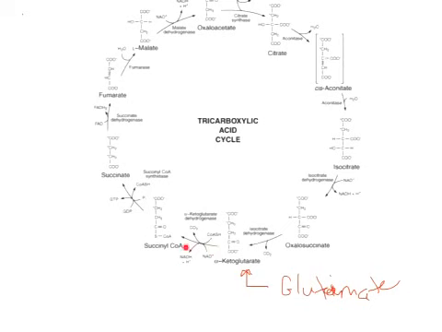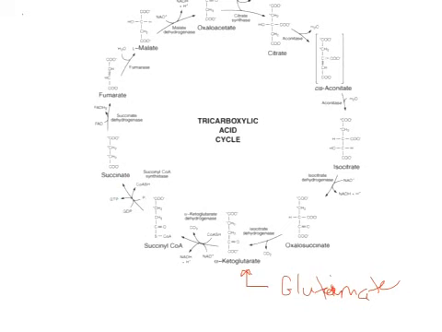So alpha-ketoglutarate gets acted on by its dehydrogenase enzyme, and forms another NADH and produces succinyl-CoA. And succinyl-CoA synthetase forms succinate and produces a GTP, which is energetically basically equivalent to an ATP.